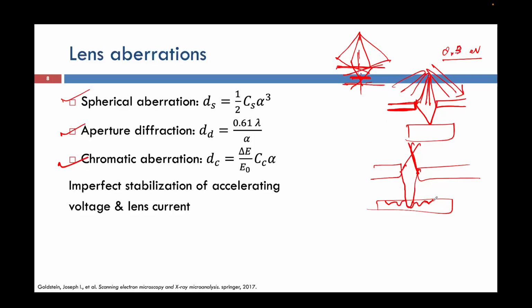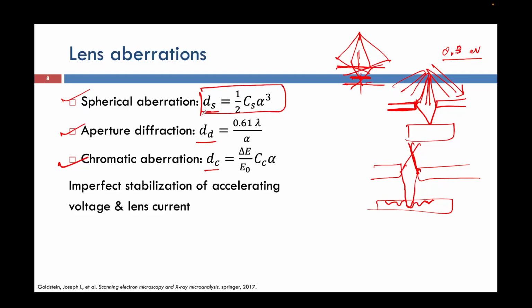And so ds, dd, dc are the three terms. What do you mean by ds? ds means the diameter of your probe due to spherical aberration. So spherical aberration will contribute to the diameter of the probe by this amount. This is ds.